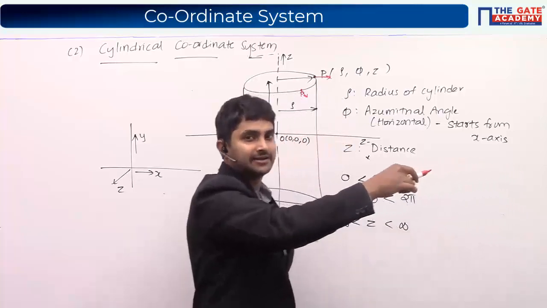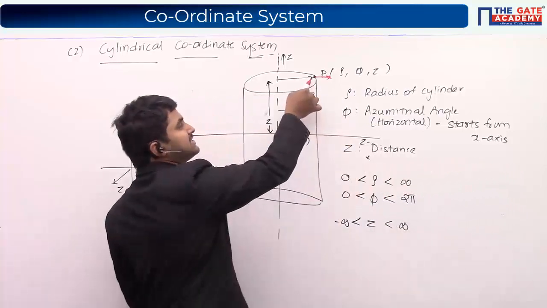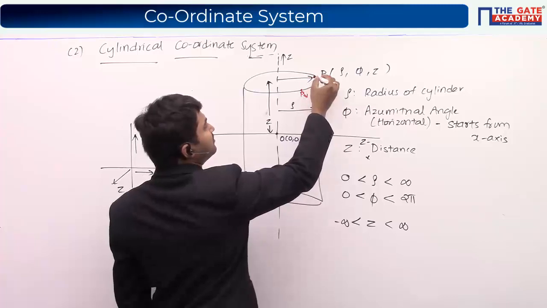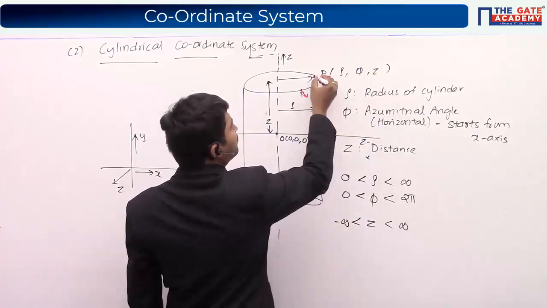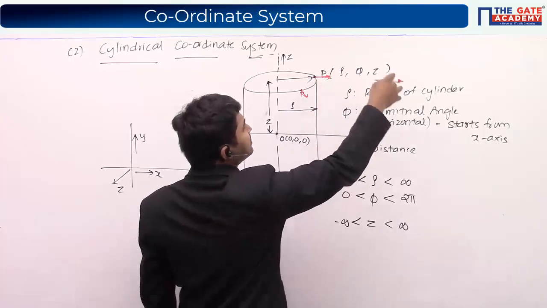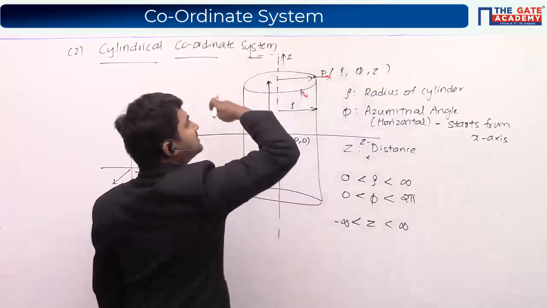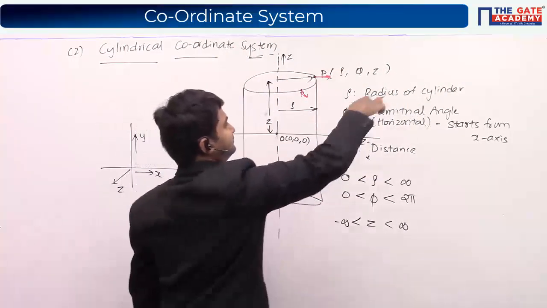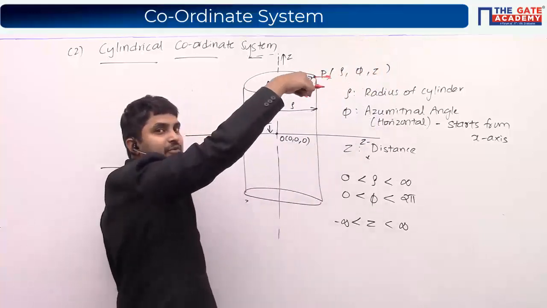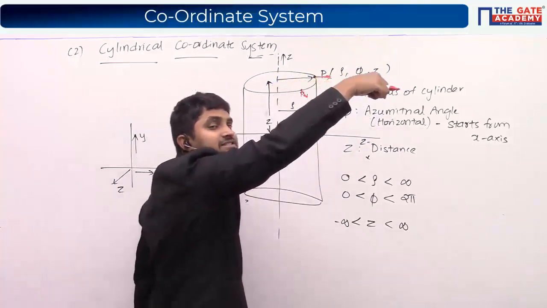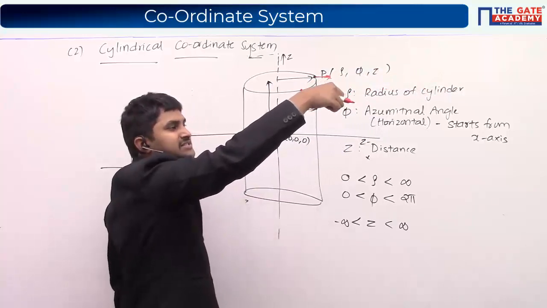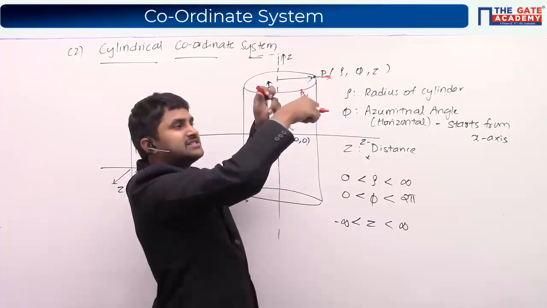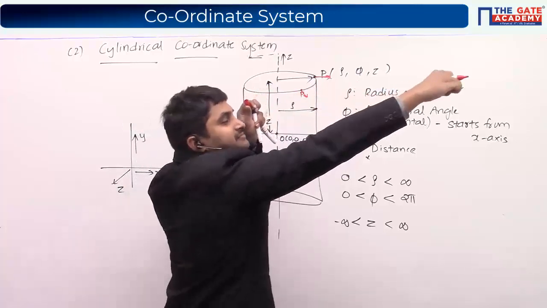Are you able to understand? Because the point is here, the radius increases in this particular direction, because the more I move in this direction, the radius of the cylinder increases. If the point is here, the radius increases in this direction. If I have a point here, this is nothing but my z-axis, and the radius increases in this direction.